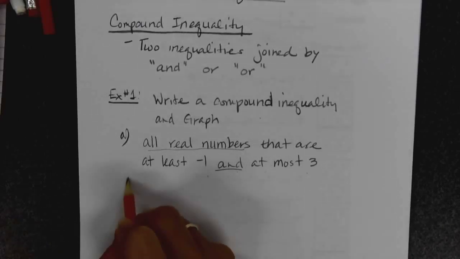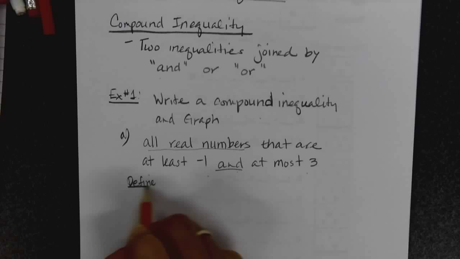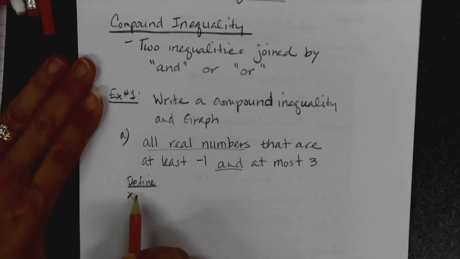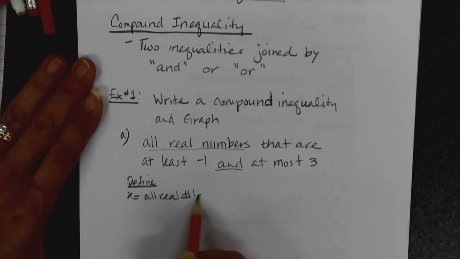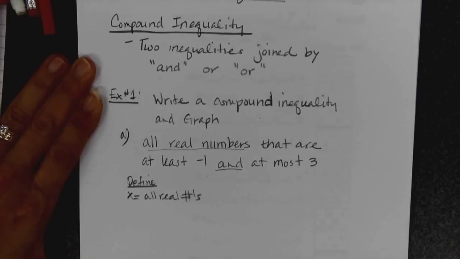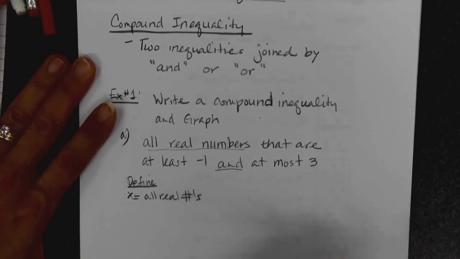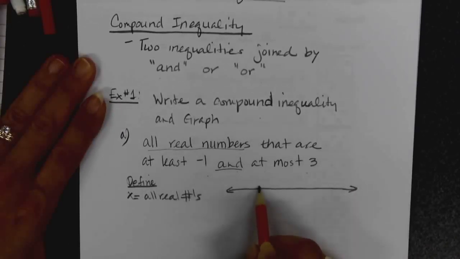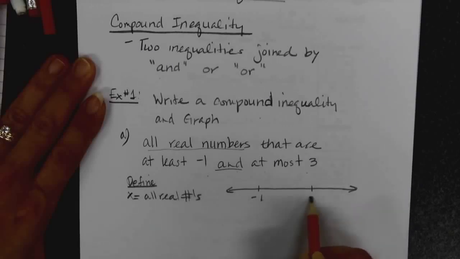First, we define our variable: let x be all real numbers. The easiest thing to do is actually graph it first. So here's -1, here's 3.